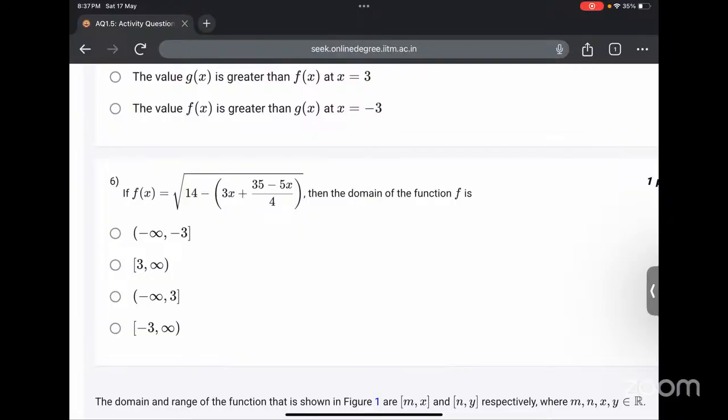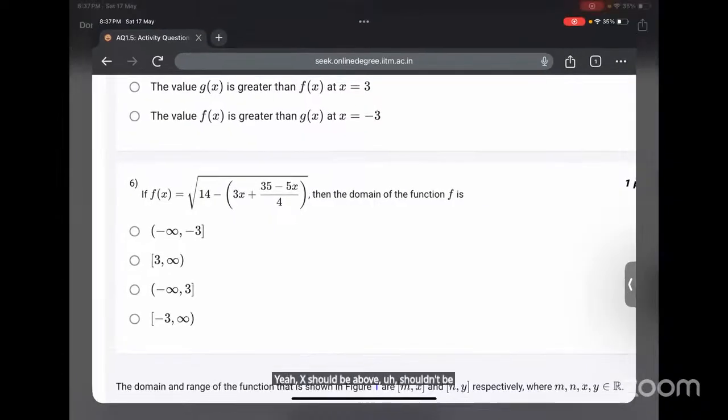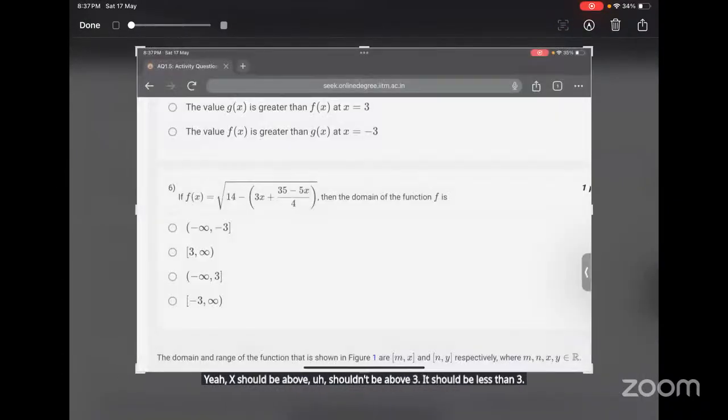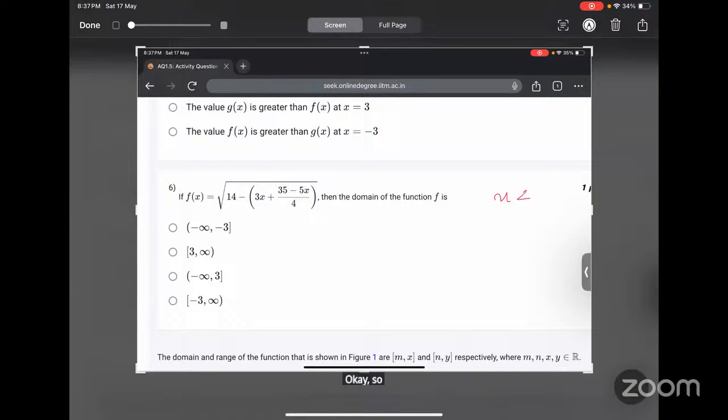Any answer? Yeah, x should not be above 3. It should be less than 3. So you're saying it should be strictly less than 3 or less than or equal to? Ma'am, x should be less than or equal to 3. That means minus infinity to 3.